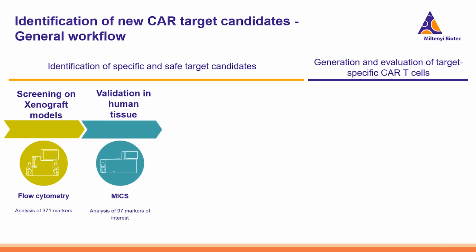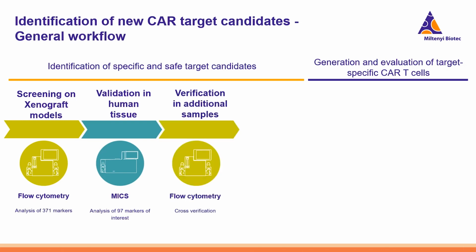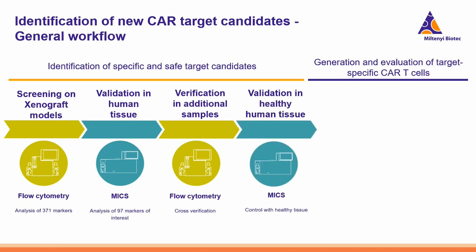In the next step, 97 markers were chosen, and they were tested for their spatial distribution in human tissue using Maxima imaging platform. And then this was followed with an additional sample verification of chosen target candidates using flow cytometry. And then finally, the selected target candidates were validated for the off-target effects using Maxima imaging platform in healthy human tissue.